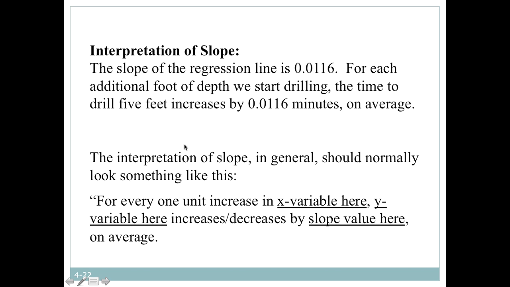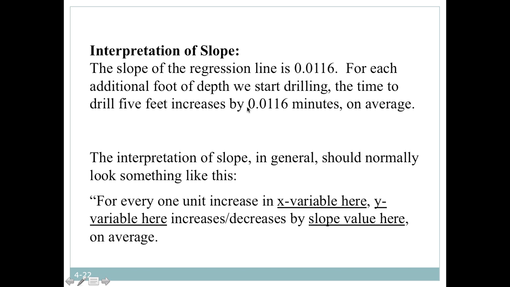If we take a look at how this fits in with what we're saying up here, we just say that for every 1 unit increase in depth in feet, our time to drill 5 additional feet increases by 0.0116 minutes on average. You can see we're using the exact same setup that we had down here, just plugging in the relevant information.